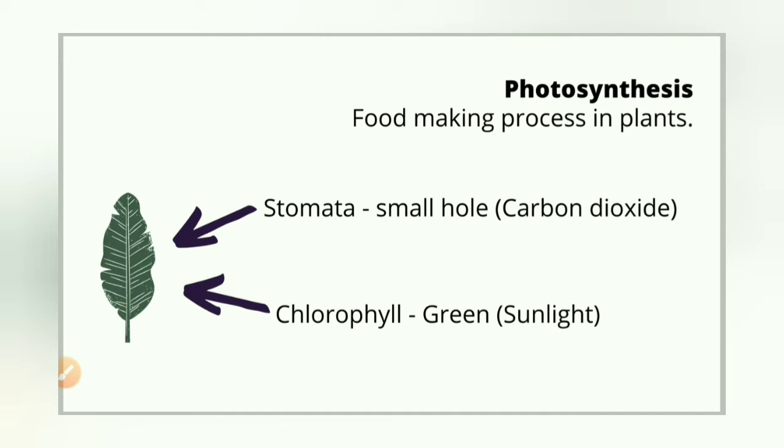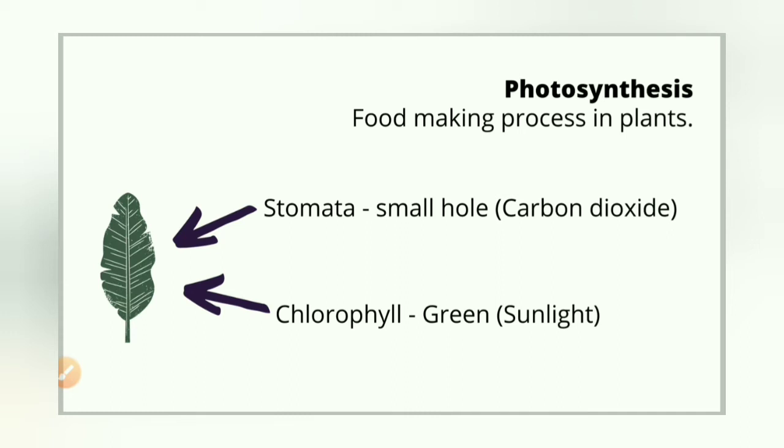Now here you can see a picture of a leaf. We know that the leaf is a very important part of a tree. They produce food there. Now remember, there are two things present in a leaf. First is stomata and second is chlorophyll. Stomata are small holes. These holes are used to absorb carbon dioxide from the air because they need carbon dioxide while producing food.